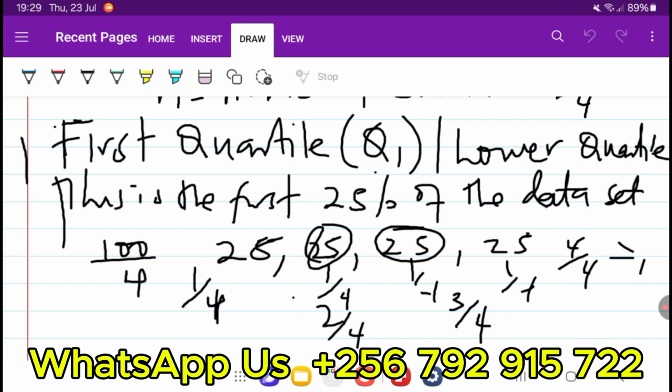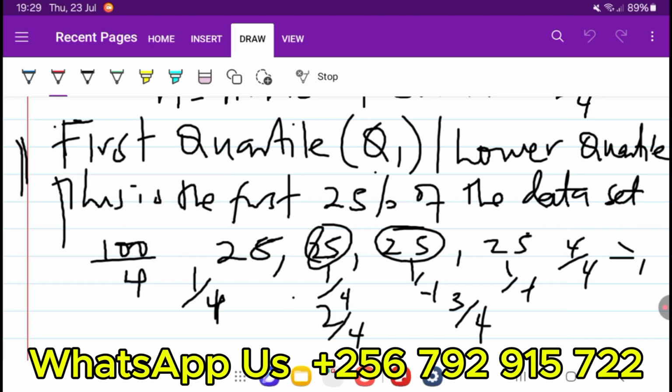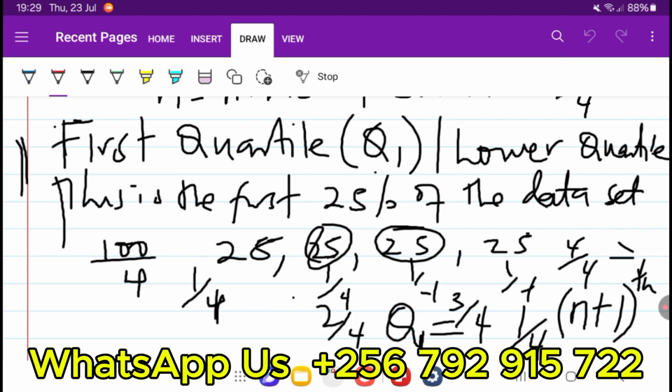So that gives you the position of the Q1. Your Q1 is going to be 1 over 4 into n plus 1. This Q1 will be giving you the position where that number is located in the data set.